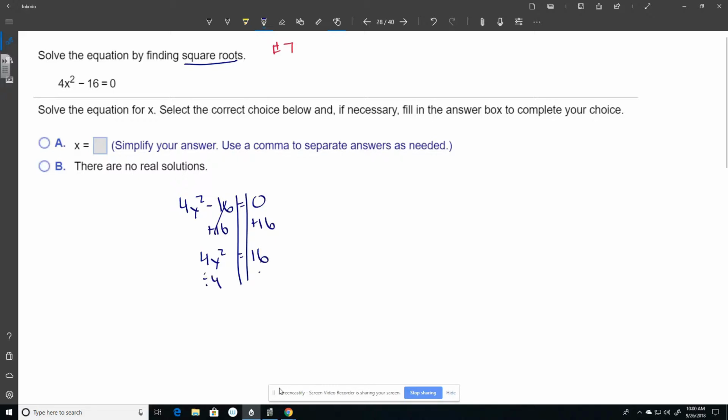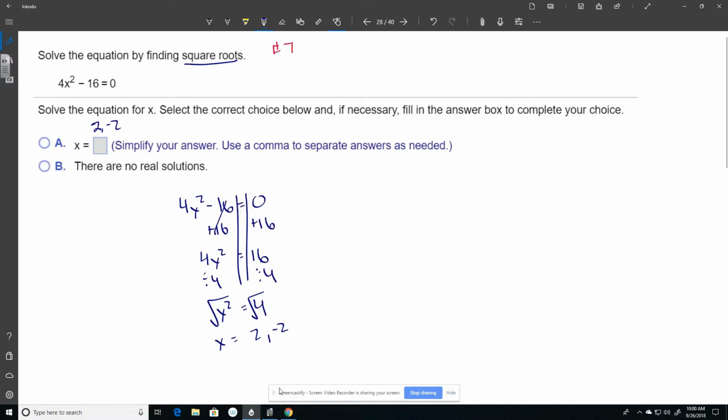Divide by 4, divide by 4. x squared equals 4. Square root both sides to get rid of x squared. x equals 2 and x equals negative 2, because the square root of 4 is 2 and negative 2. So I put in 2 comma negative 2.